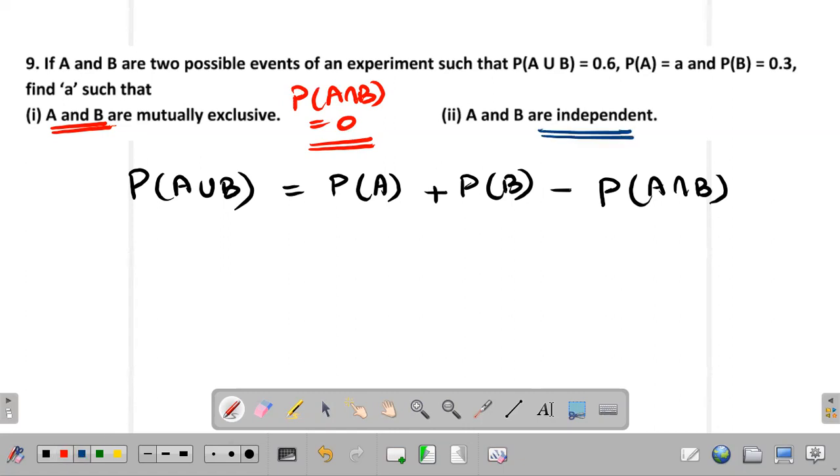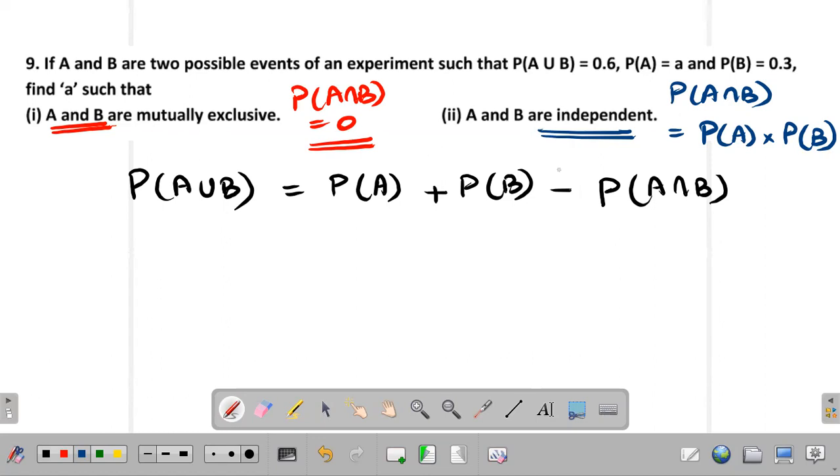When the events are independent, P of A intersection B will be equal to P of A into P of B. So the probability of A and B is nothing but the product of individual probabilities when the events are independent. When the events are mutually exclusive, P of A intersection B is equal to 0.